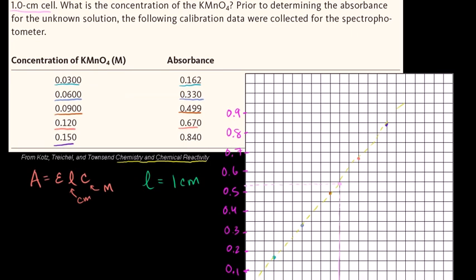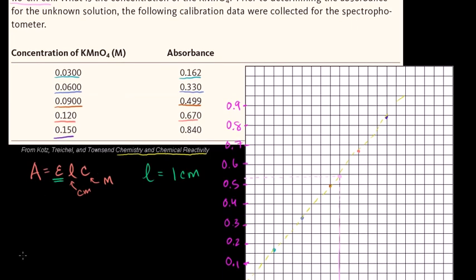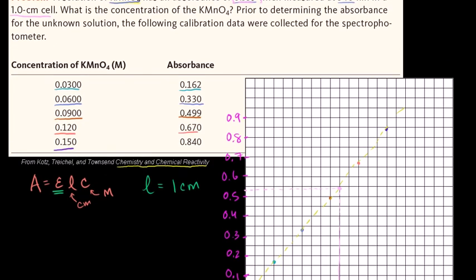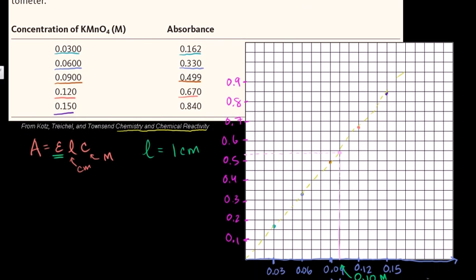So let's see if we can figure out this constant right here for potassium permanganate at, I guess this is probably standard temperature and pressure, for this frequency of light, which they told us up here. They told us it was 540 nanometers. So if we just take the first data point, we get the absorbance was 0.162.